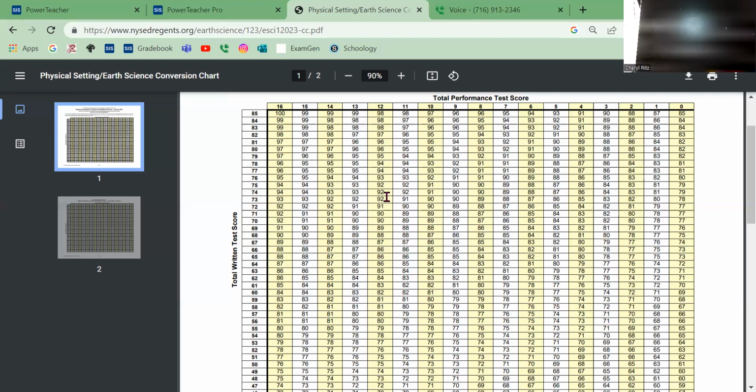So yes, Cody, technically you could get your Regents credit that way, but you do have to pass the year to get that credit. So to passing the year, here's where I get your grade. I take quarter 1, quarter 2, quarter 3, quarter 4, and your Regents. So here's where you can't fail it on purpose.